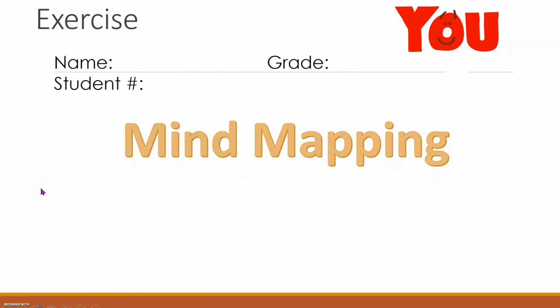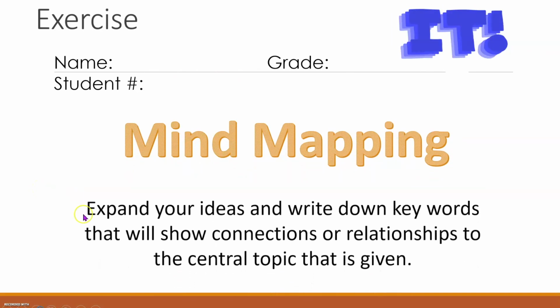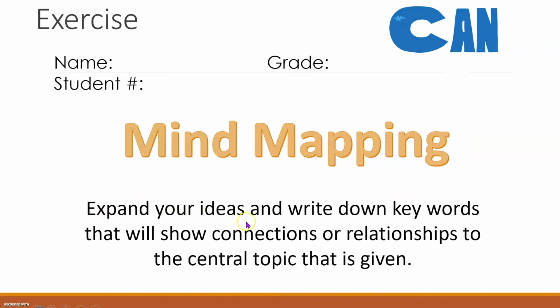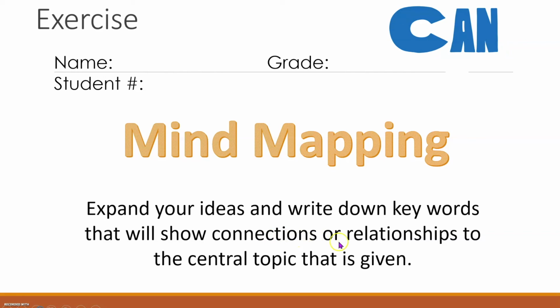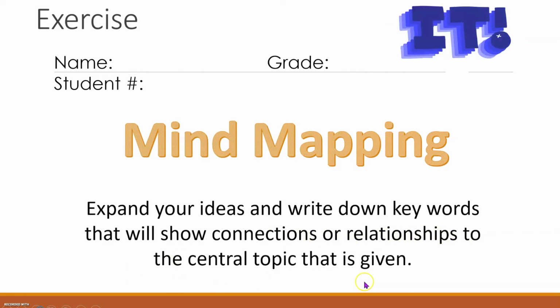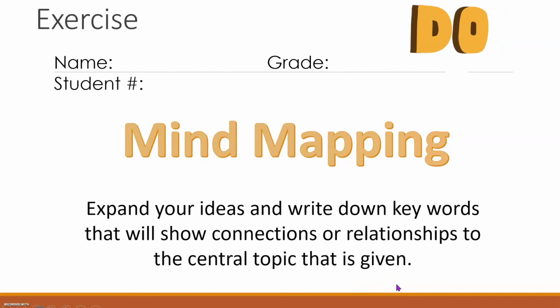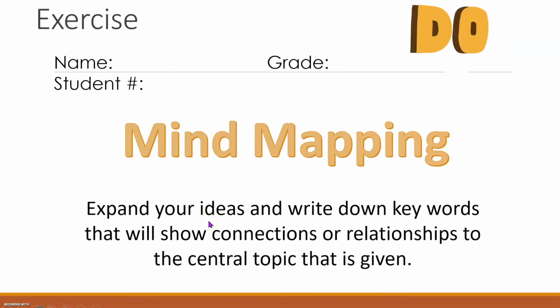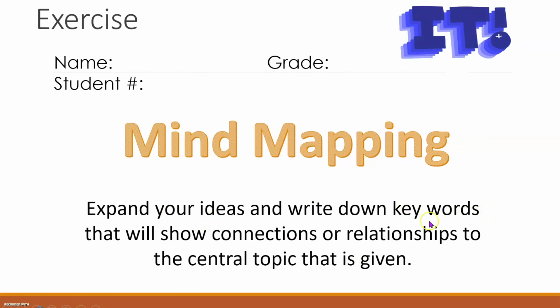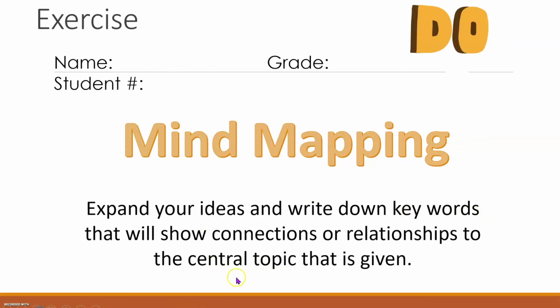For mind mapping, the instruction is: expand your ideas and write down keywords that will show connections or relationships to the central topic that is given. We will just write keywords to show connections to the given central topic.